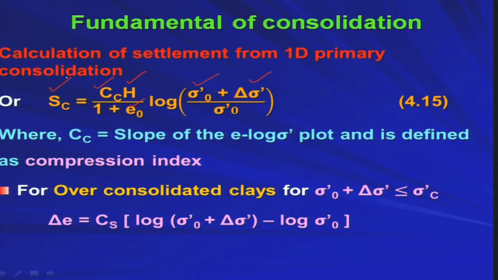Now, for over consolidated clay, what will happen? For over consolidated clay, you basically have two different regions. One region is when sigma naught prime plus delta sigma prime, that is the increment of the total pressure, is less than or equal to the pre consolidation pressure sigma c prime. At that time, soil will behave as completely over consolidated soil.